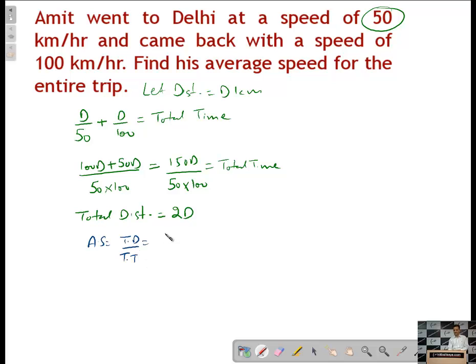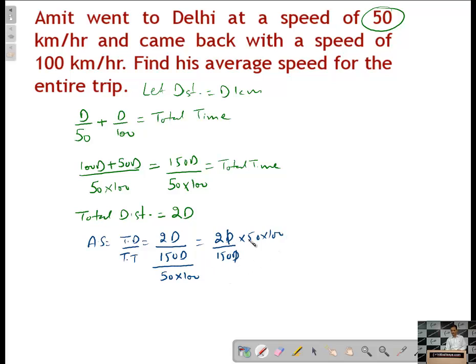And what is total distance, students? It is 2d. And what is total time? Divided by 150d upon 50 into 100. It will be equal to 2d upon 150d into 50 into 100. d and d will be cancelled.